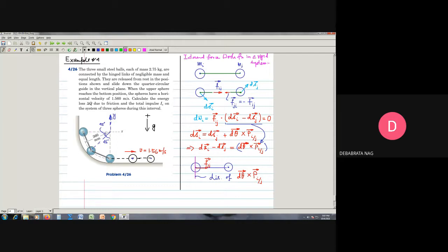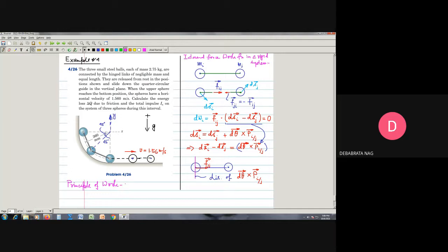Here we basically apply the work energy equation. Now why am I doing this? It is because here two configurations are provided and the information regarding the velocity is given. So this example will highlight the principle of work energy equivalence.